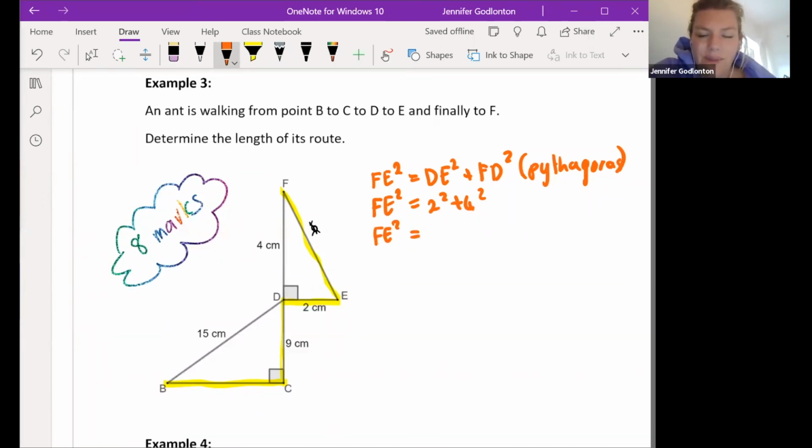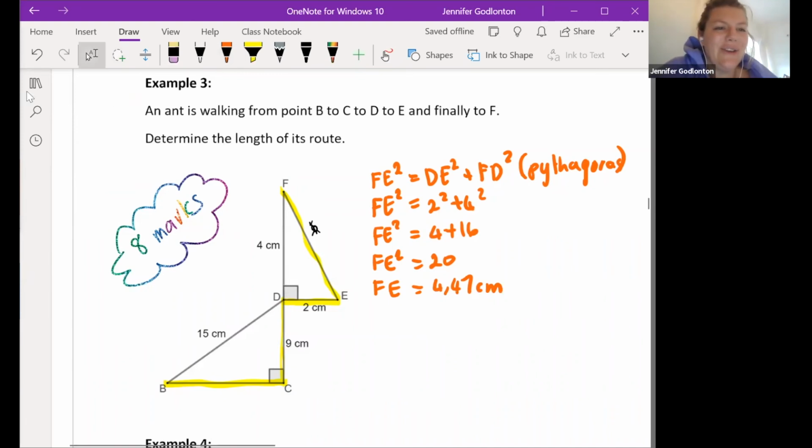Okay, ma'am. So FE squared equals 4 plus 16. Good. And then FE squared equals 20, and you square root. And I got x equal to 4,47 centimeters. Perfect. 100%. Thank you very much.